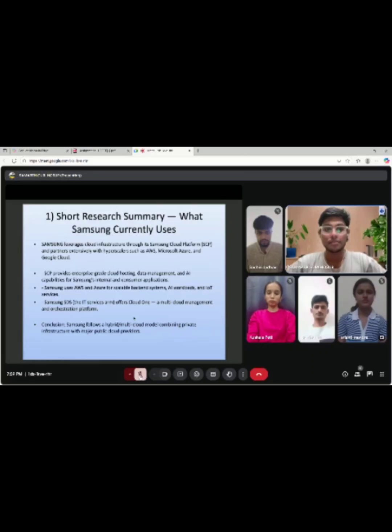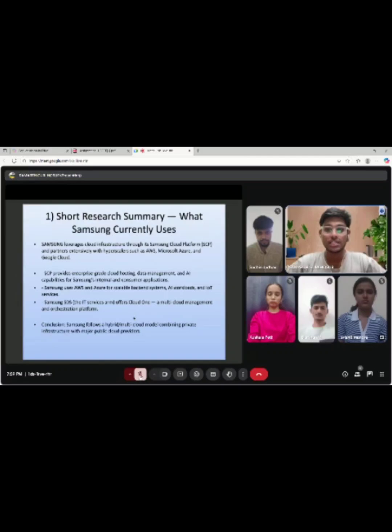Samsung uses basically AWS and Azure for scalable backend systems, as AI workloads and AI IoT services need a huge database. Samsung SDS, which is the IT services arm, offers Cloud One, which is a multi-cloud management or orchestration platform.